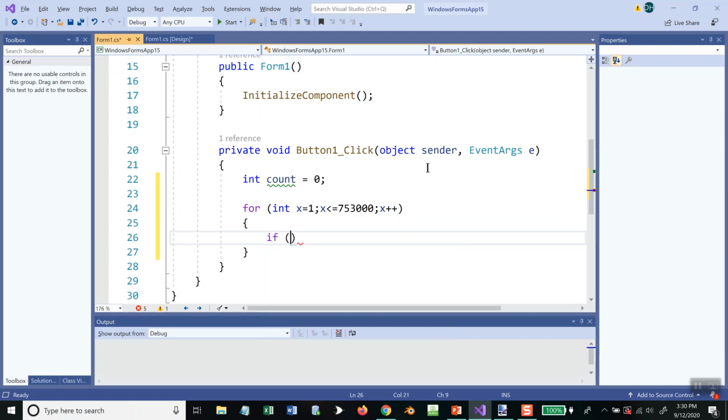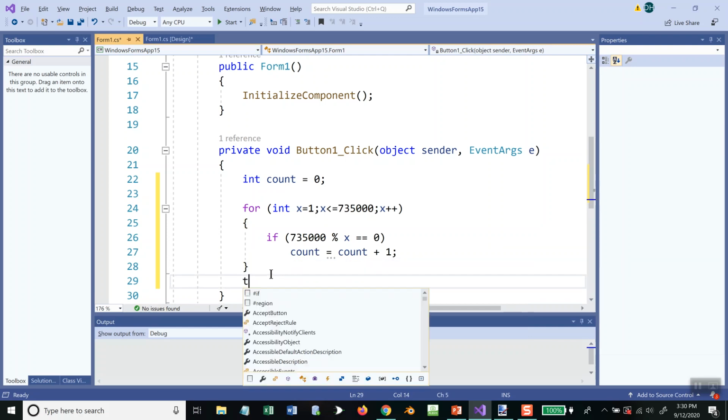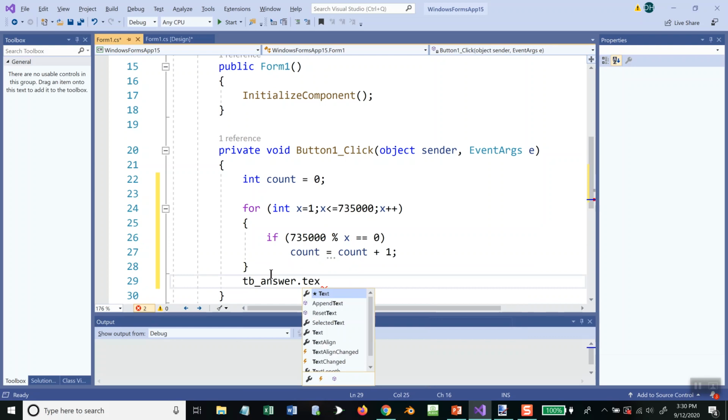And if 735,000 percent, this is the modulus, x is equal to 0. That means it divides into it evenly. And I'm going to say count is equal to count plus 1. Write out my answer. TB answer dot text equals count dot toString.